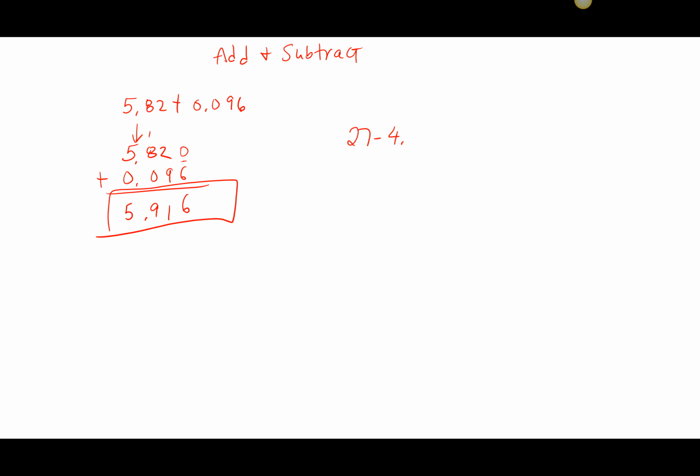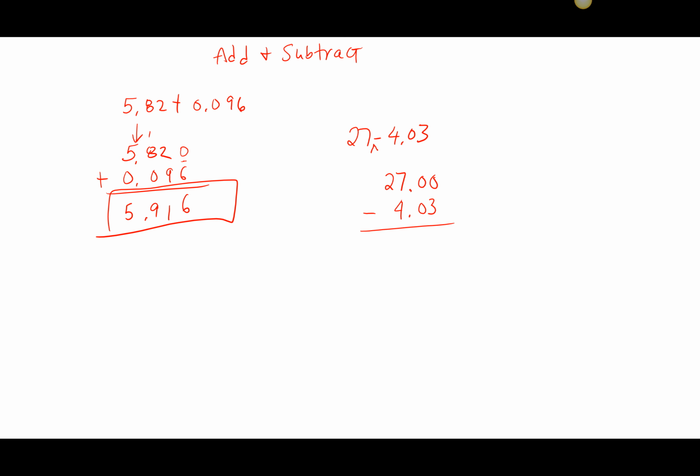Now, what about this one? 27 minus 4.03. Again, this is subtraction, but how would you do it? Same thing. You need to line it up. So you're going to put 27. Now, remember, anytime you have a whole number, there's an imaginary decimal right there, okay? So we'll put it right there so we can see it. Then line it up, 4.03. And then where these blanks are, you put zeros, okay?